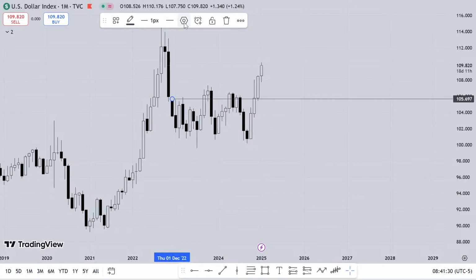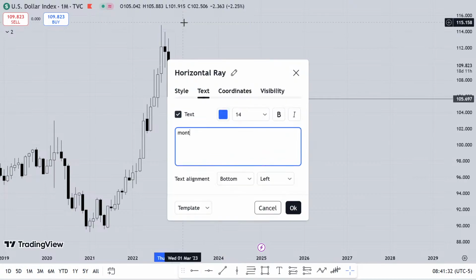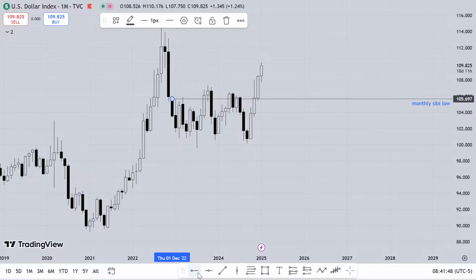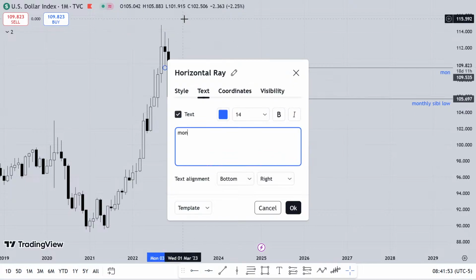Let's indicate this. And just above it here, you have the monthly CBI.